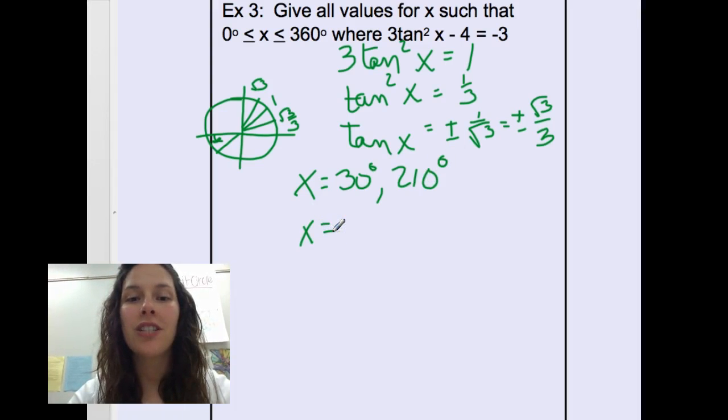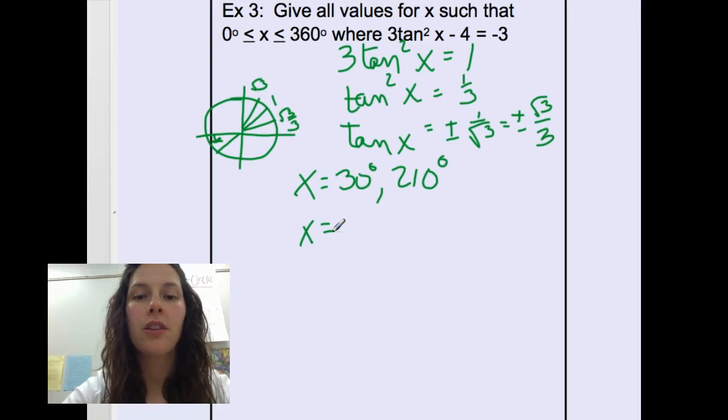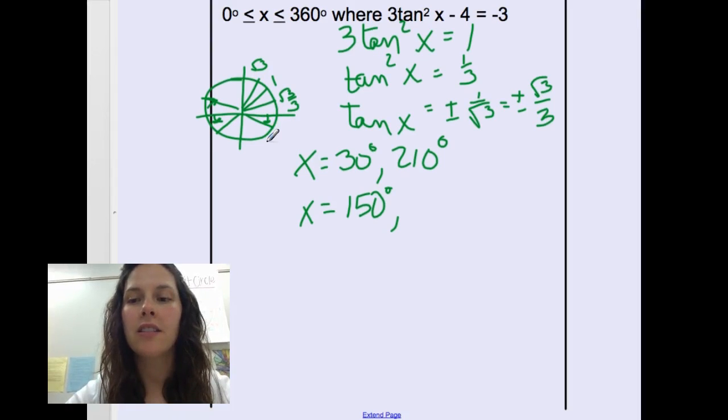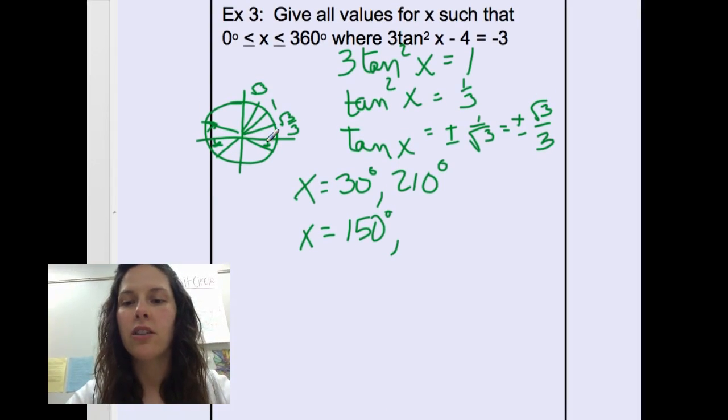And where tangent is negative will be in the second and fourth quadrants. So we're thinking about 30 degrees above the x-axis, and that would be 150 degrees. And then in the fourth quadrant, we're thinking about 30 degrees below the x-axis, so that's 330 degrees.